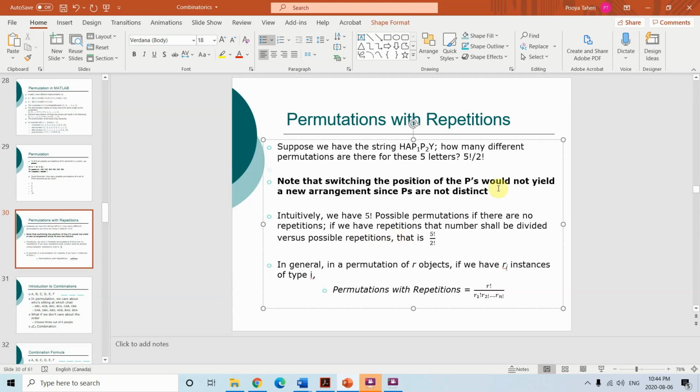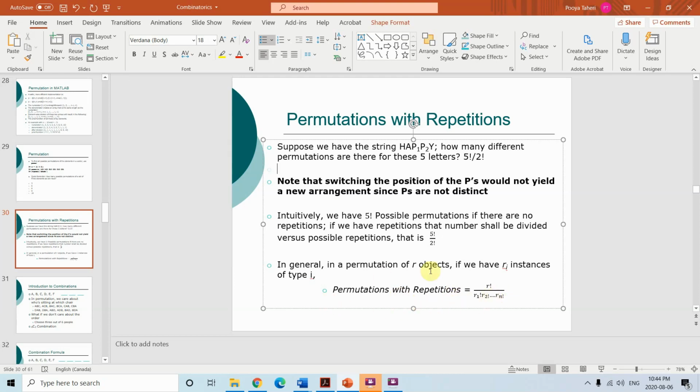How many different permutations can we have for 2 P's? We can have 2 factorial. In general, in a permutation of R objects, if we have R sub i instances of type i, we have these many permutations with repetitions.